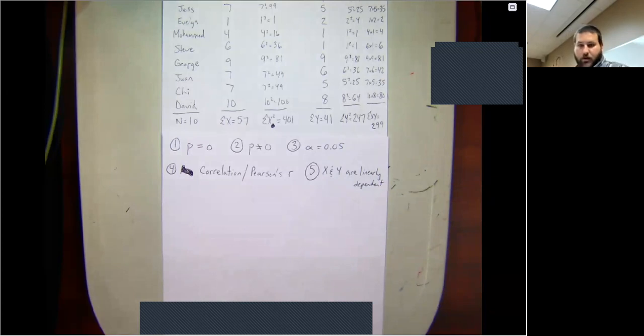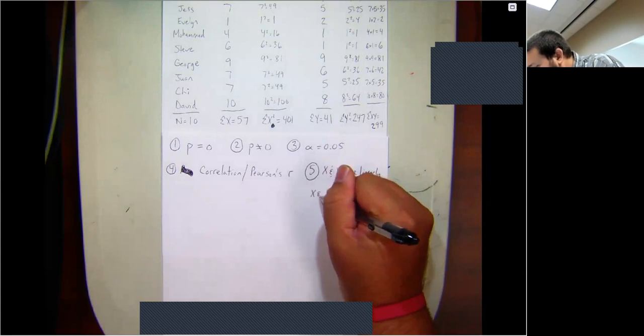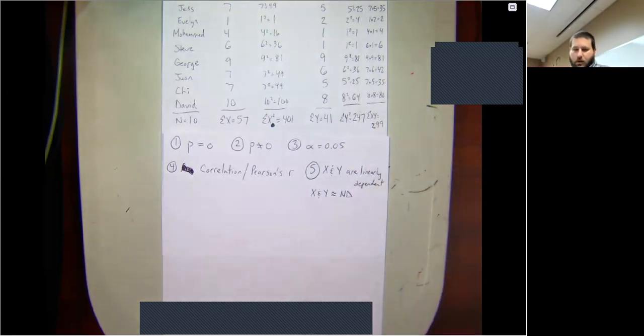That's assumption 1: X and Y are linearly dependent, meaning that they have a linear, straight line relationship with one another. And our second assumption is that X and Y are approximately normally distributed. So not that the means are normally distributed anymore, but that our variables are normally distributed at the population level. Okay, so that's our first 5 steps.